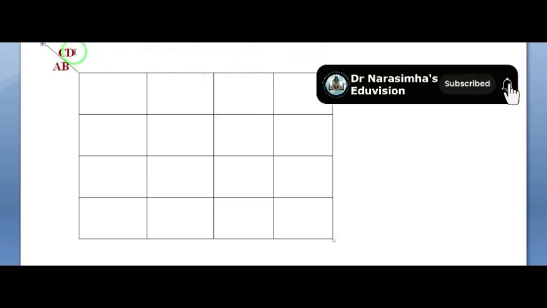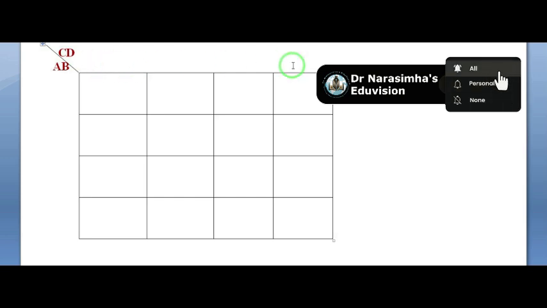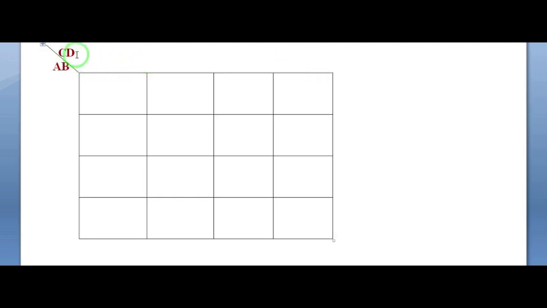This is the first row, second row, third row, fourth row. So these 4 rows are going to be represented by AB. Similarly, the columns: first column, second column, third column, fourth column. The information about these four columns will be represented by CD.